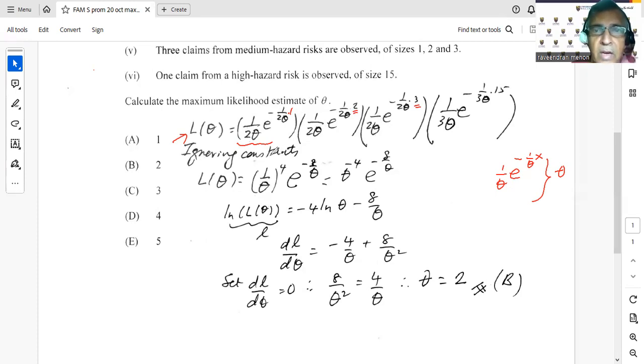And then you have a high hazard risk. You have 1 observation, which is 15. So you have 1 over mu e to the power of minus 1 over mu x and so on. That's entirely up to you.